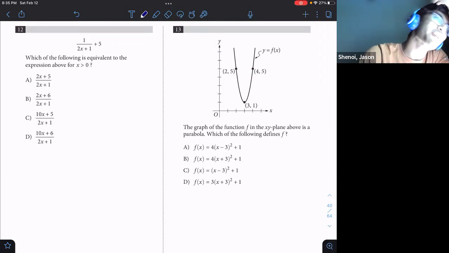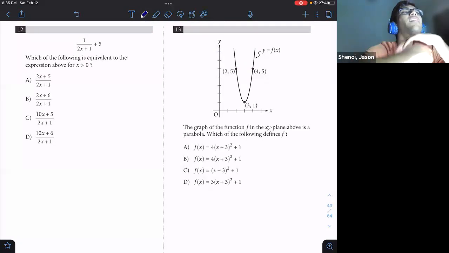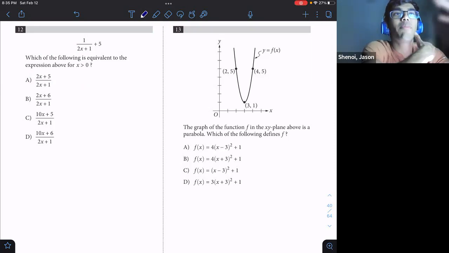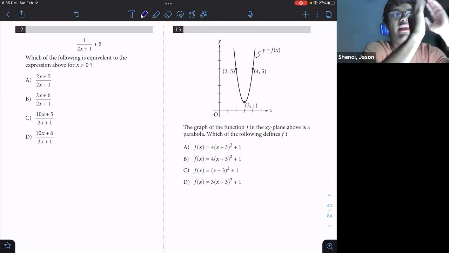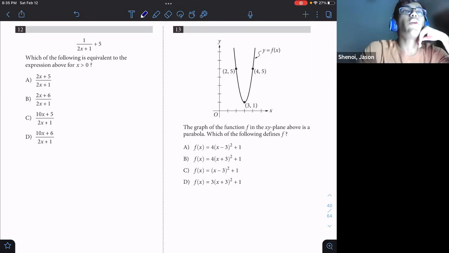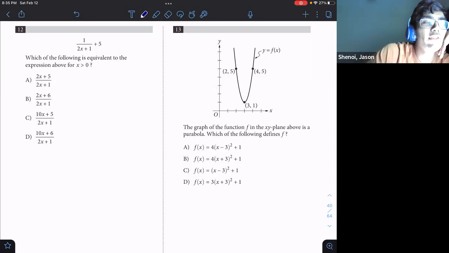So it's a parabola. What function defines f? So this graph basically gives you the shifts. It's stretched or compressed, and then it's shifted to the left or right and up or down. So is this graph shifted, first of all? Yeah.